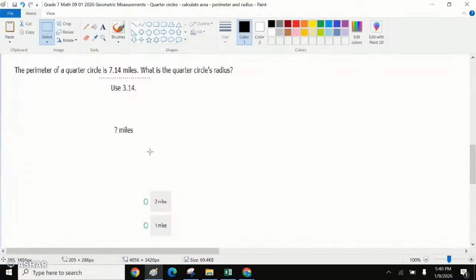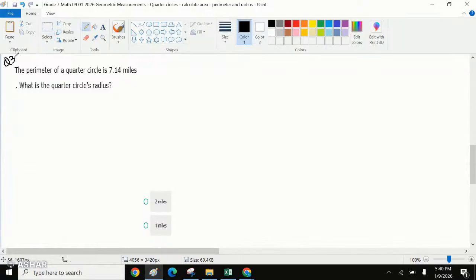So if this information is given, they are asking us to find the radius. If the perimeter is given and we need to find the radius, we know that the formula for the radius is twice the perimeter divided by pi plus 4, which can also be written as twice the perimeter divided by 7.14, because we know the value of pi is 3.14.